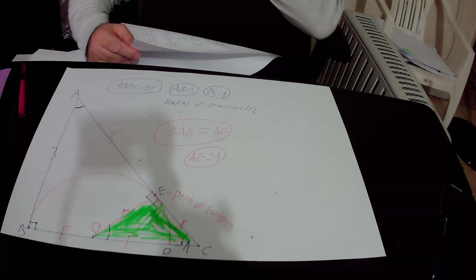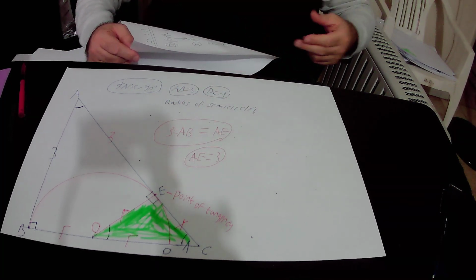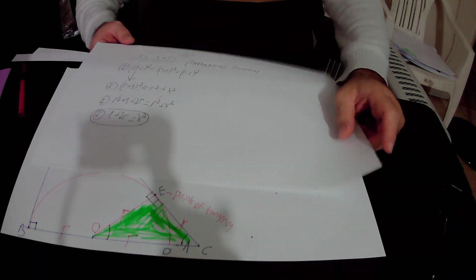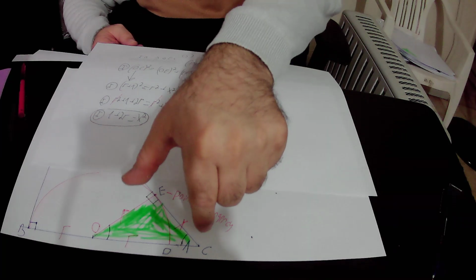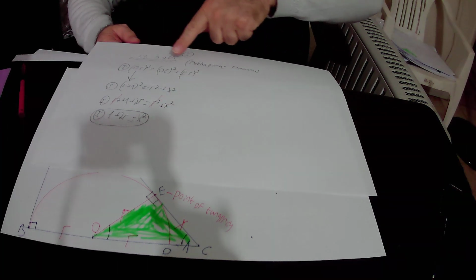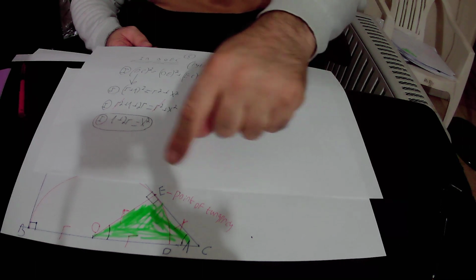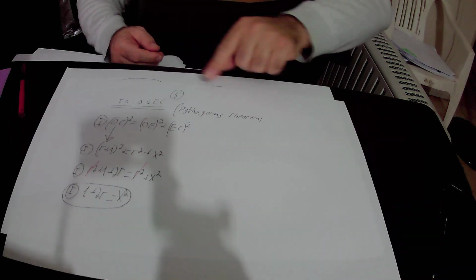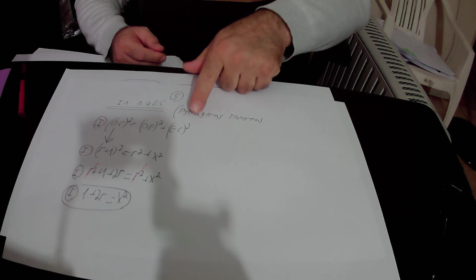And we can implement the Pythagoras theorem in the right triangle, triangle OEC. In any right triangle, the square of the hypotenuse equals the sum of the squares of the perpendiculars. The hypotenuse is OC, so OC squared equals OE squared plus EC squared.